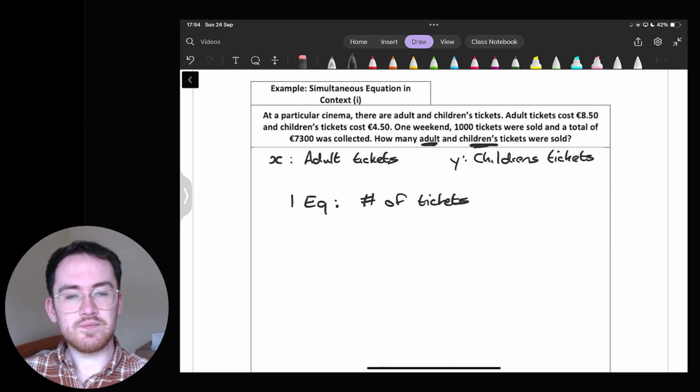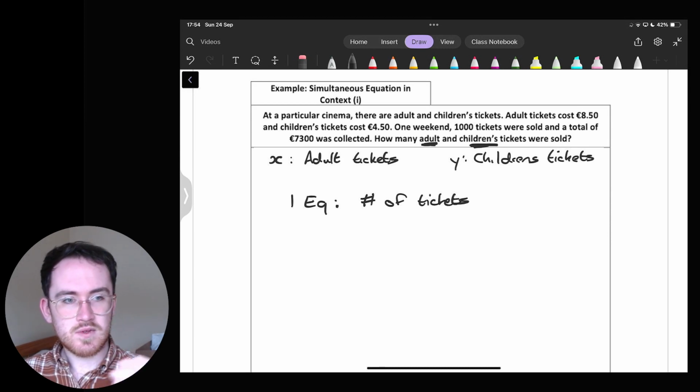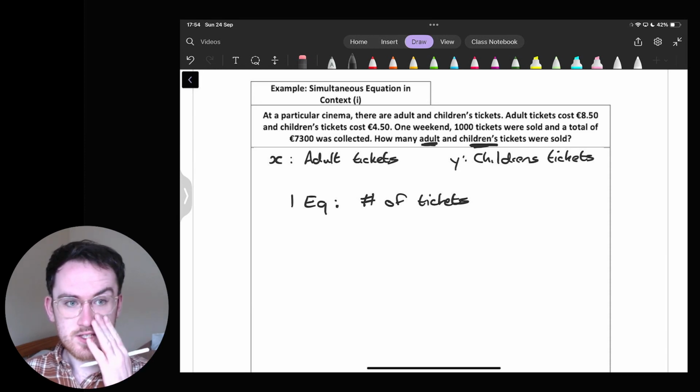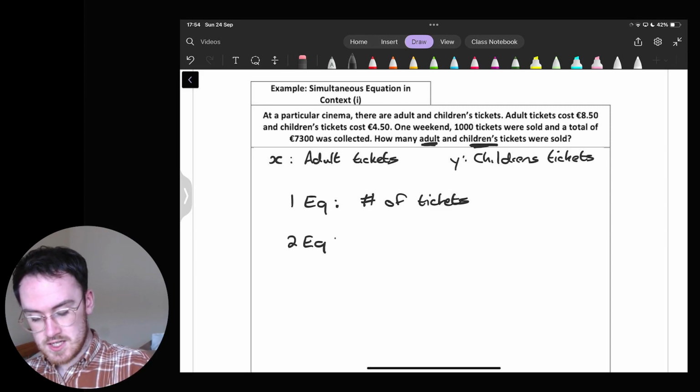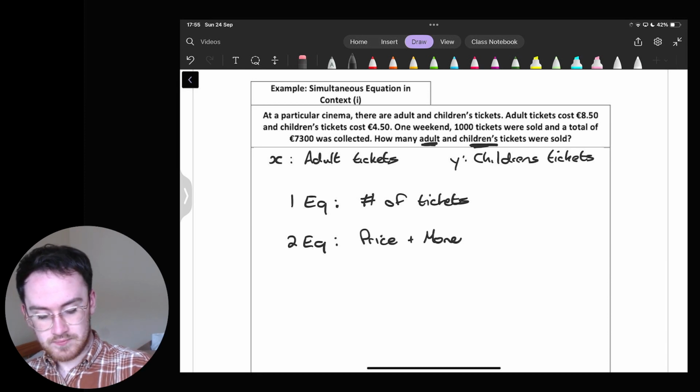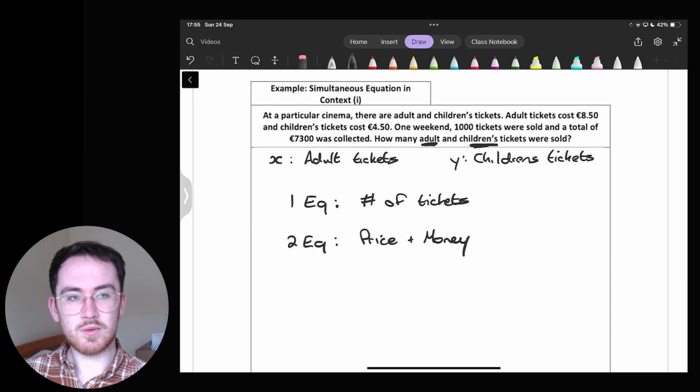We have x adult tickets, we have y children's tickets, so one of our equations is probably just going to be surrounding the number of tickets. The second equation is probably going to be to do with the price and money. So the second equation will probably revolve around the price of the tickets.